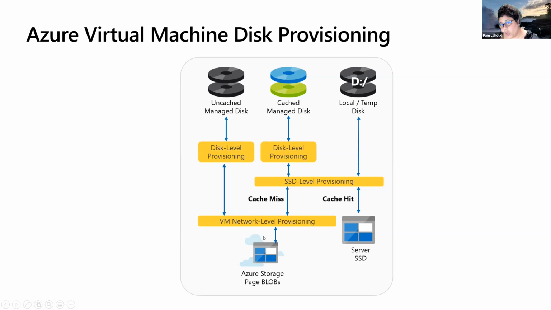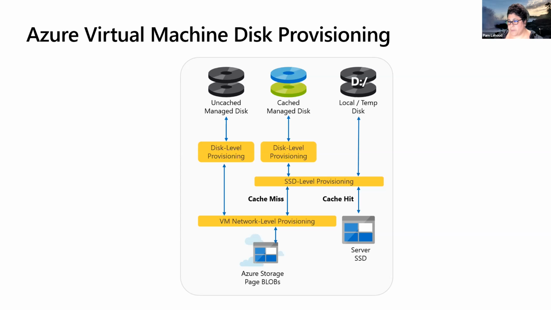Then it also has to go through the network level provisioning, which is at the VM level. The VM network level provisioning means there's a certain amount of IOPS and throughput that the VM itself is capable of delivering. Again, this all really comes down to network bandwidth, how much network bandwidth is available to that VM. So there is a different limit: a disk level limit for the disk level provisioning, and then a VM network level provisioning limit.